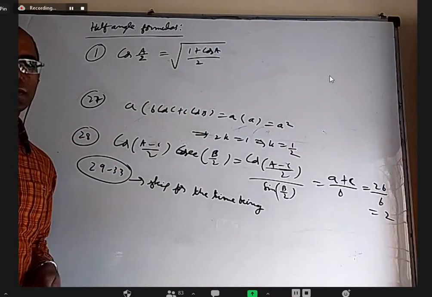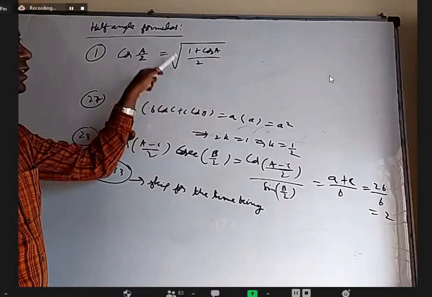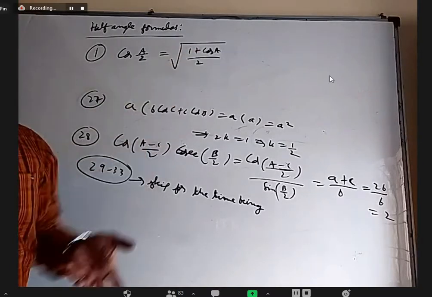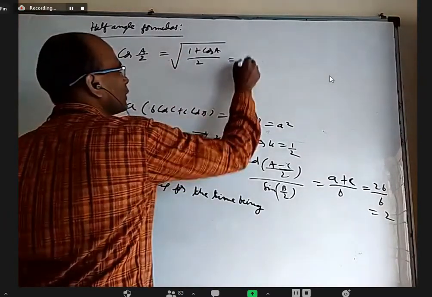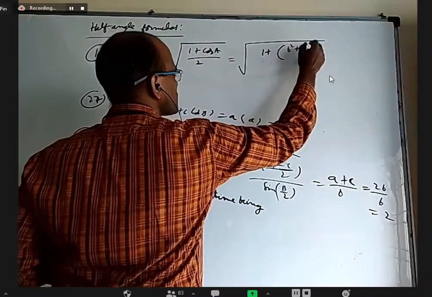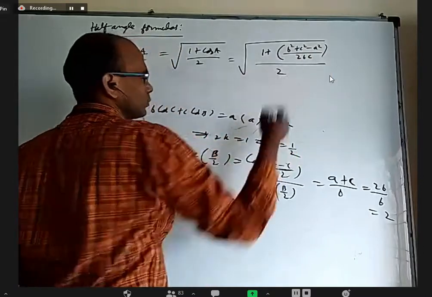In the beginning of trigonometry, this itself is a big question. You have to write this as 2 cos square A by 2 minus 1 and all that. Now it is just a formula. In the place of cos A, substitute the cosine rule. You will get 1 plus (b square plus c square minus a square) by 2bc, by 2.